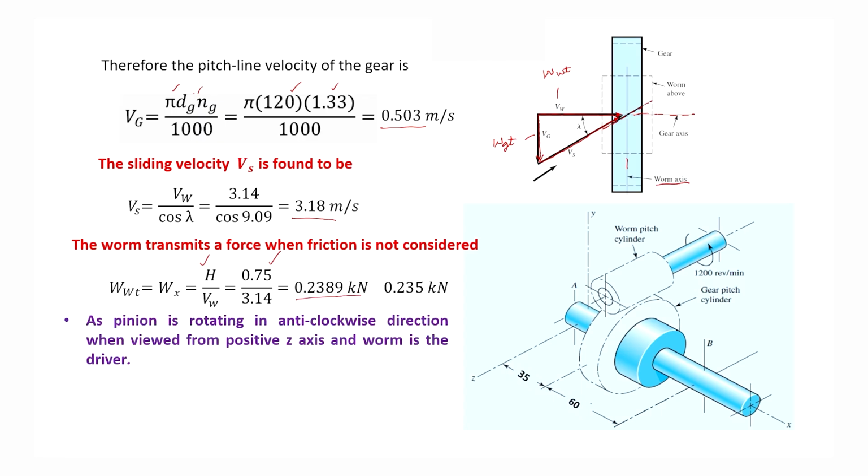As the pinion is rotating in anti-clockwise direction, you see this is the axis of rotation of the worm, and the direction in which it is rotating is shown by this arrow. And this is a driving member.